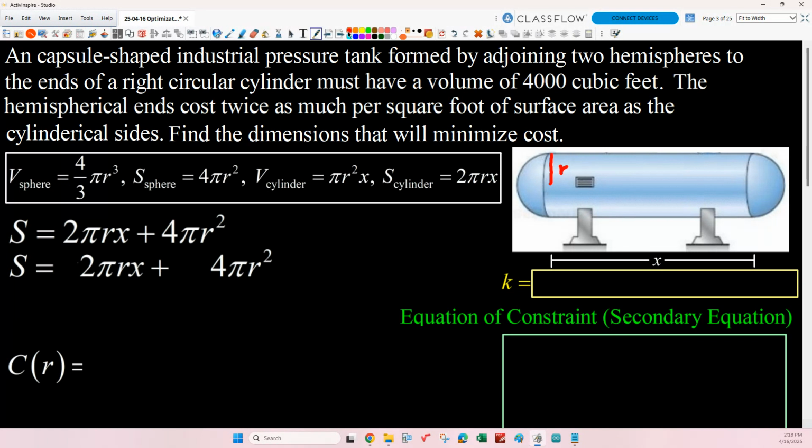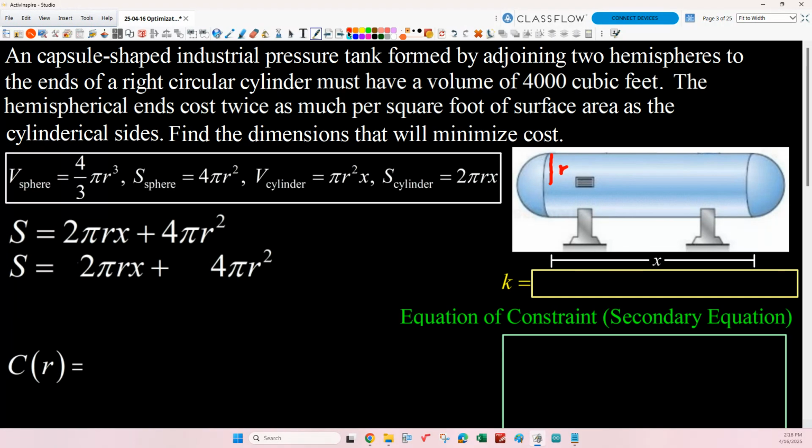Okay, so now the question becomes, what do we do here? How do we weight these things? That's not a bad idea. Aiden suggested we multiply 2 times the end caps and 1 times the cylinder. Okay, what's wrong with that though? What does that assume?